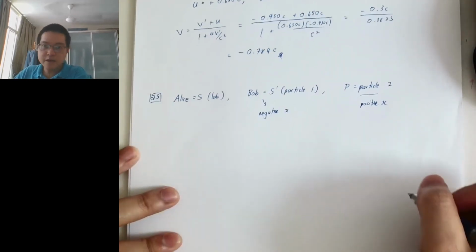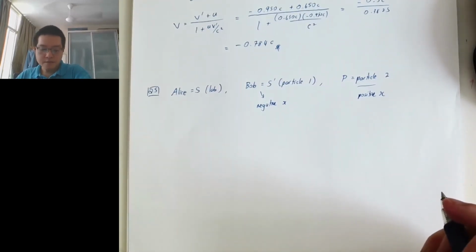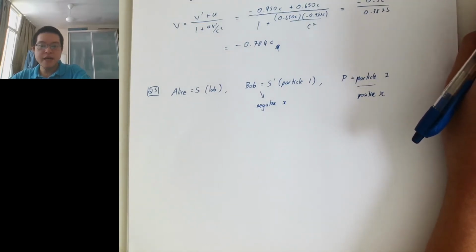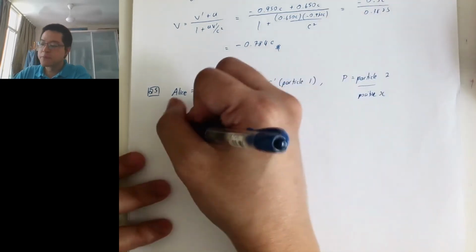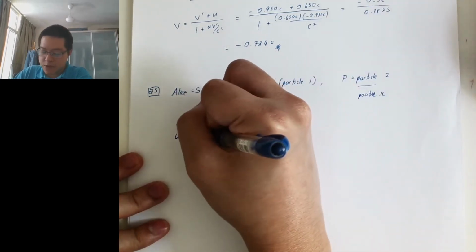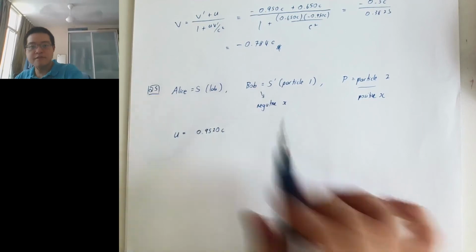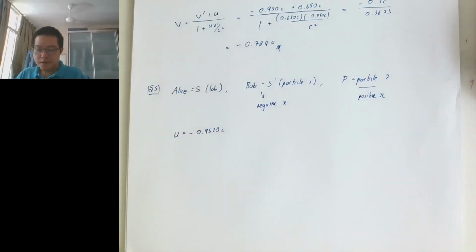According to the info given, both of the particles have this speed measured by the laboratory, with magnitude 0.520 c relative to the laboratory. So if Bob is traveling in the negative x direction, I must put it this way, and the other particle is at the same speed but in a different direction.